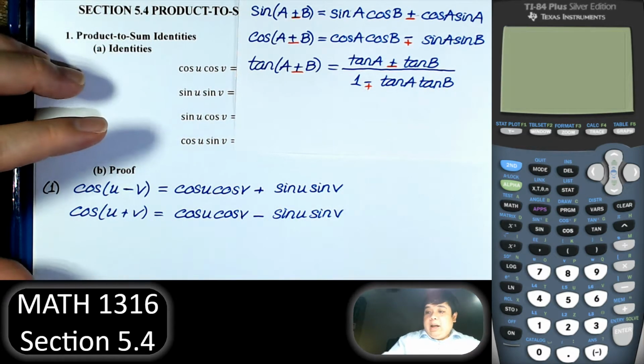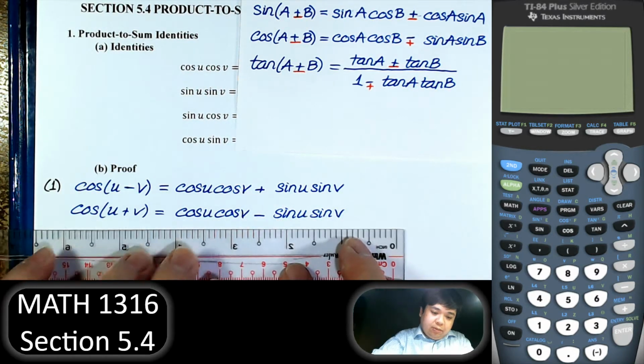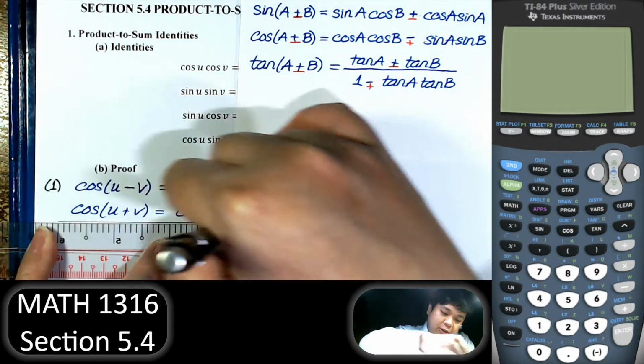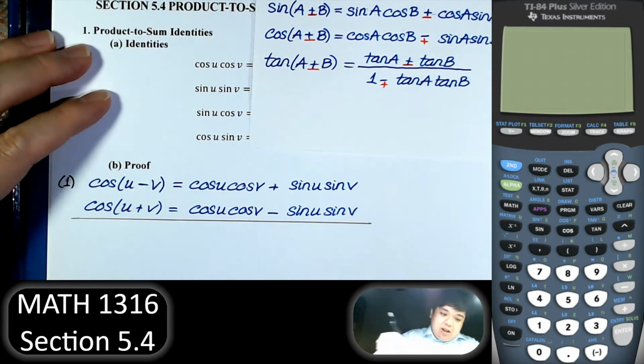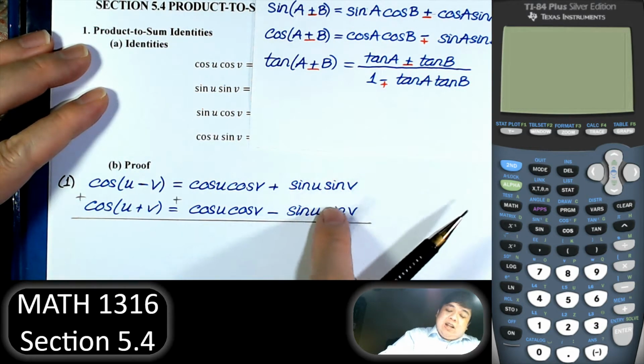After that, we just add side by side. If we add side by side, the sine terms cancel out.